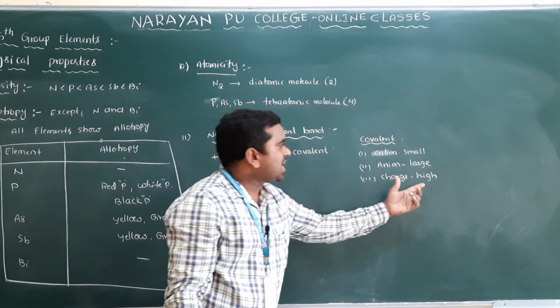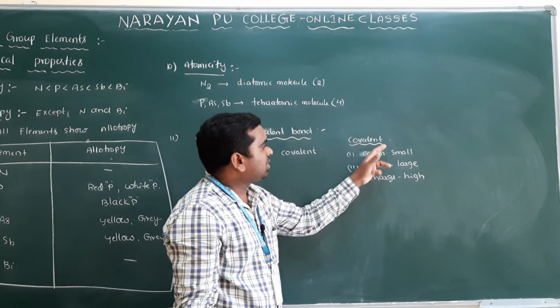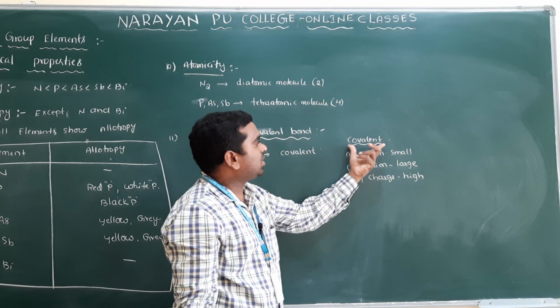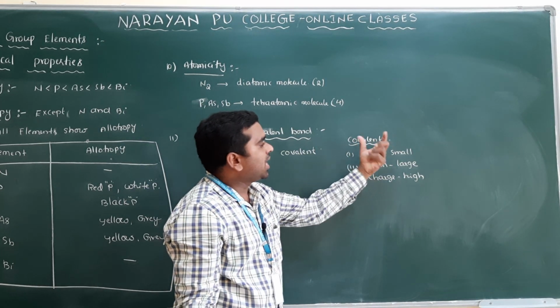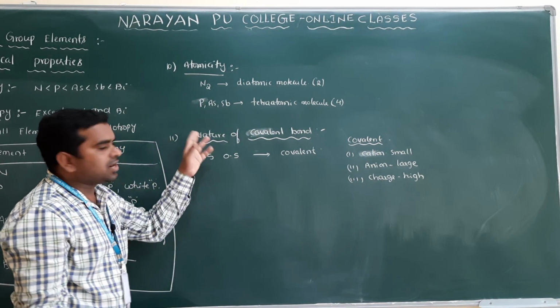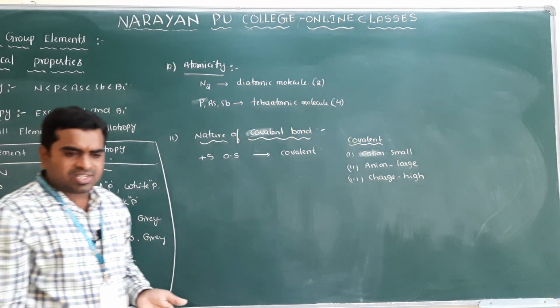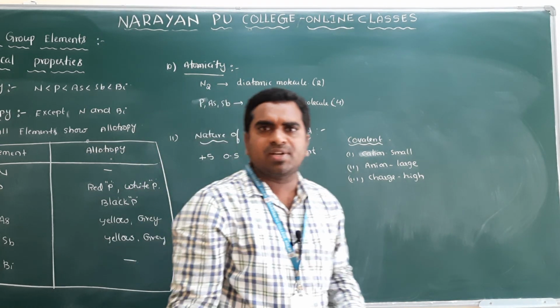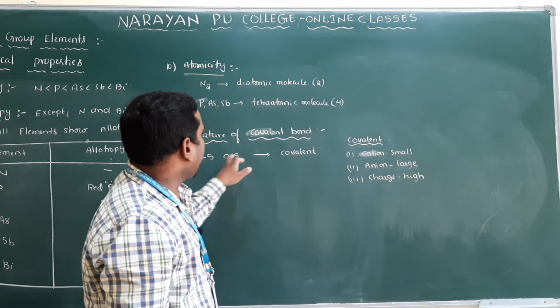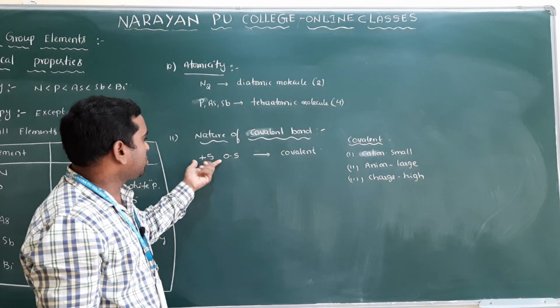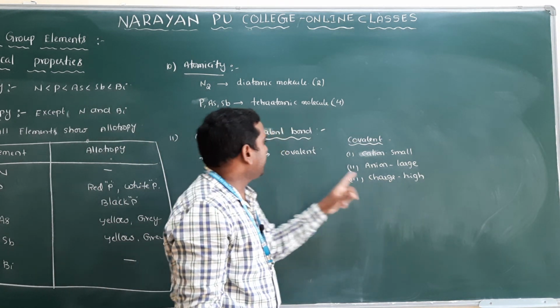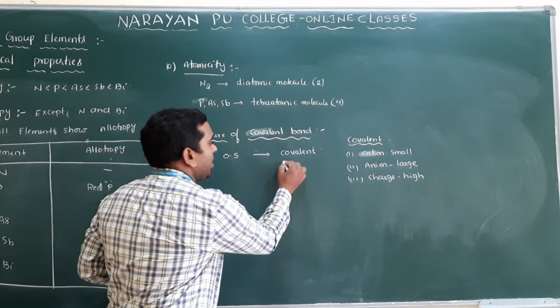And if charge is high, then that compound forms covalent bonds. So that's why, what is the highest oxidation state of the 15th group elements here? +5. Whenever they have the highest oxidation state, the charge will be very high. If the charge is very high, they will form only covalent compounds.